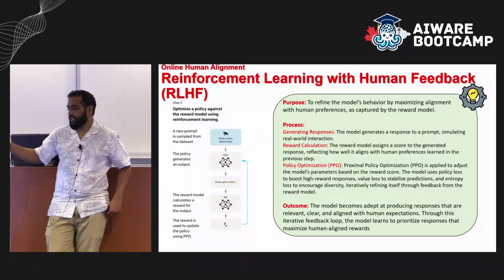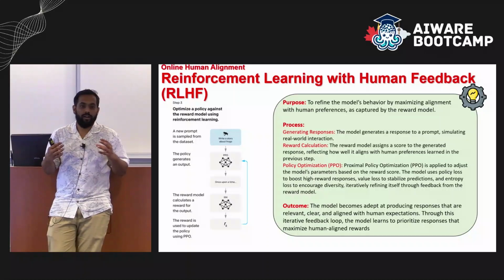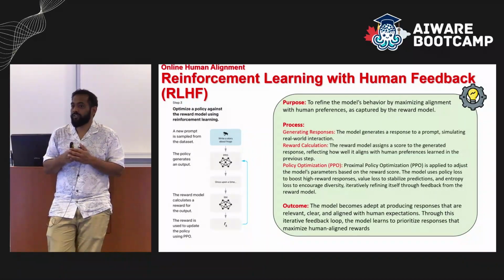So it's optimized to get maximum reward. If we are able to maximize the reward, it means that we are mimicking the human preferences from the reward model that we built in the last step. So finally, we have a model that most likely, whenever you ask for directions, always talks to you nicely.